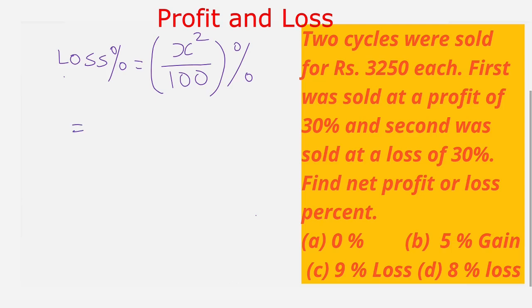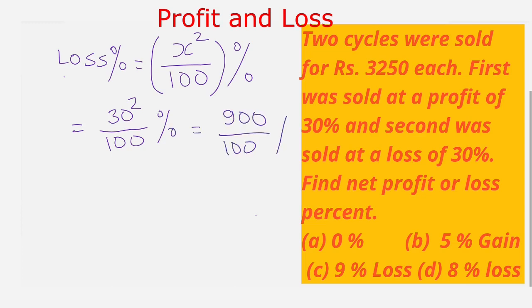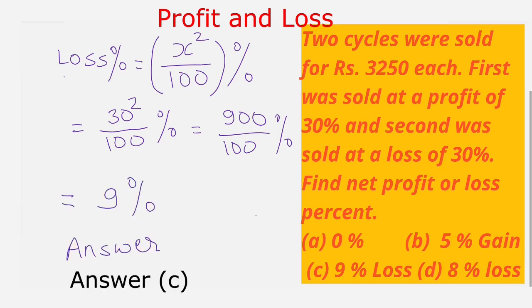Here the percentage of loss and profit is given as 30%. So this is 30 square divided by 100%. This is 900 divided by 100% or equal to 9%. Thus there is a loss of 9%, and from the given option our answer is answer C.